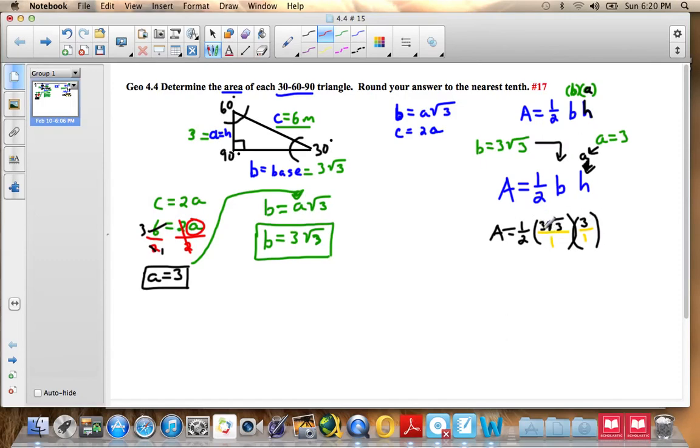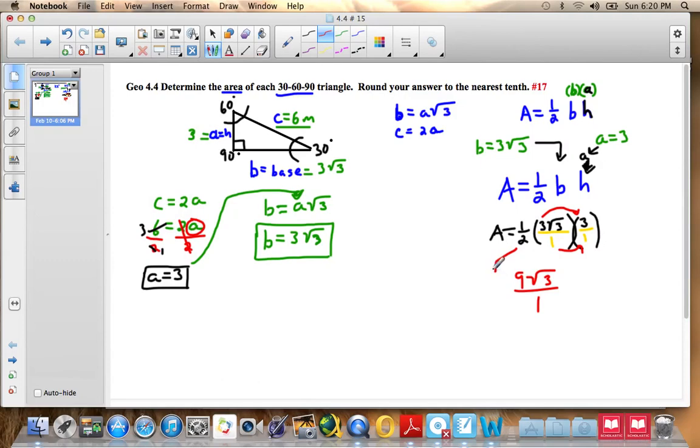Because oftentimes, if you don't do that, students will make the mistake, and they have a hard time understanding what multiplies where. So if I take 3 times 3, it's going to give me 9. And then I have the square root of 3 there. And I'm going to take 1 times 1. So this is all over 1.